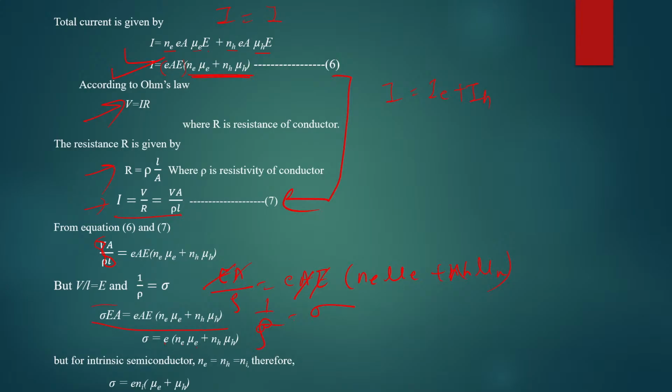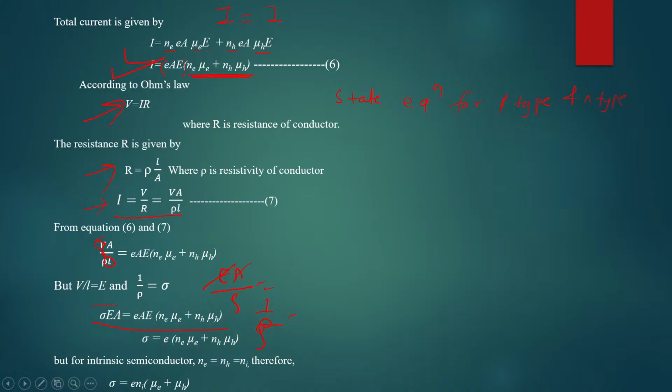Now the best part of the equation is that whenever they ask a 5-mark question, you face a problem regarding questions like: state the equation or derive the equation for P type and N type semiconductors.